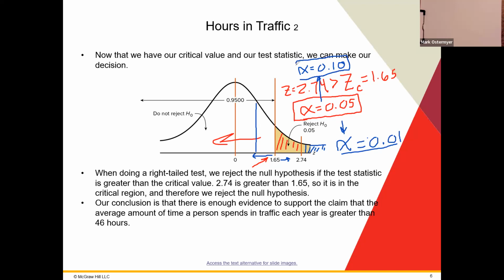A level of significance of 10% or more is too much risk to even think of rejecting your null hypothesis. You could, but you stand a large chance of committing a type 1 error. So normally, you only want to reject your null hypothesis at no more than about 5%, or certainly as low as 1%. Okay, the 10% is getting up there.